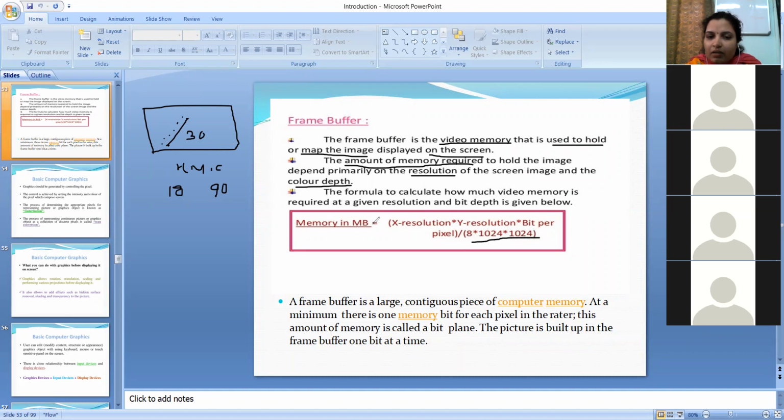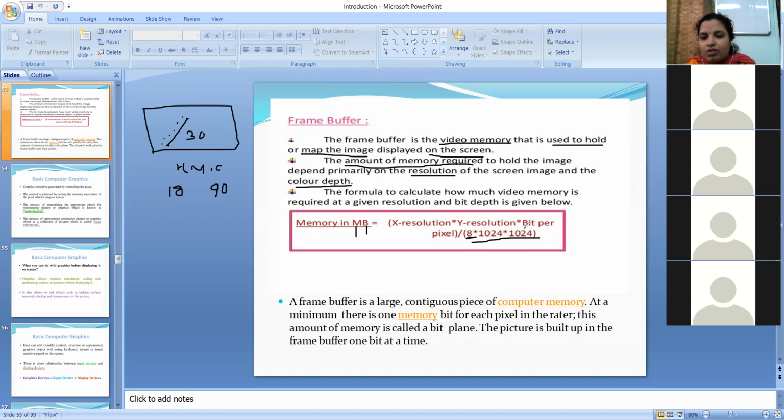And it is in bytes, and that's why 8 is also used to divide, as I am considering the number of bits. So when I divide it with 8, then it will be in terms of bytes, and in order to store it in megabytes, I need to divide with 1024 by 1024.